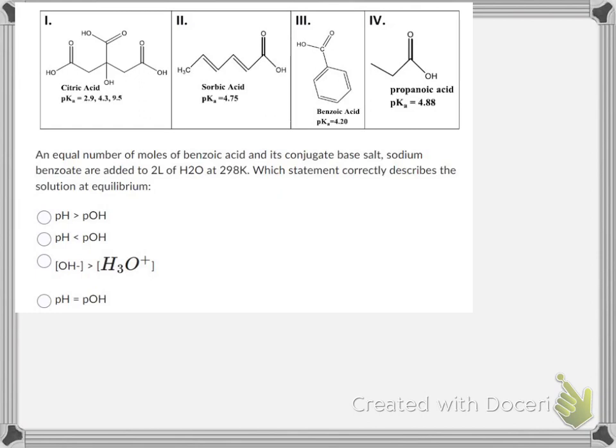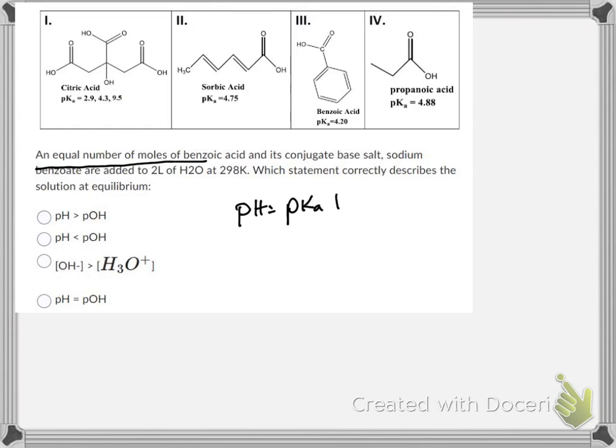An equal number of moles of benzoic acid and its conjugate base, sodium benzoate, are added to water. Which statement correctly describes the solution? All right, so what we really want to know, with this information, is the pH, because that's what we need to know to answer this question.